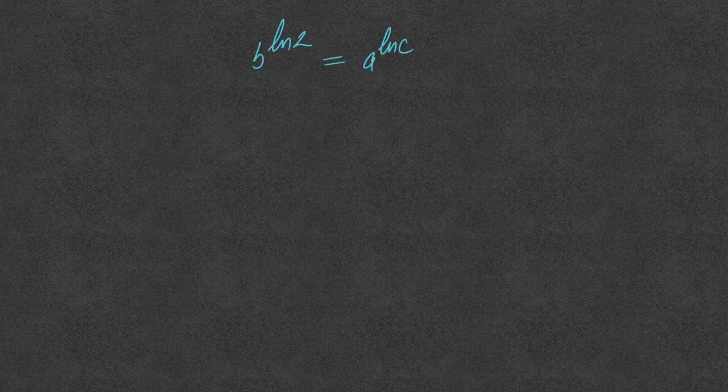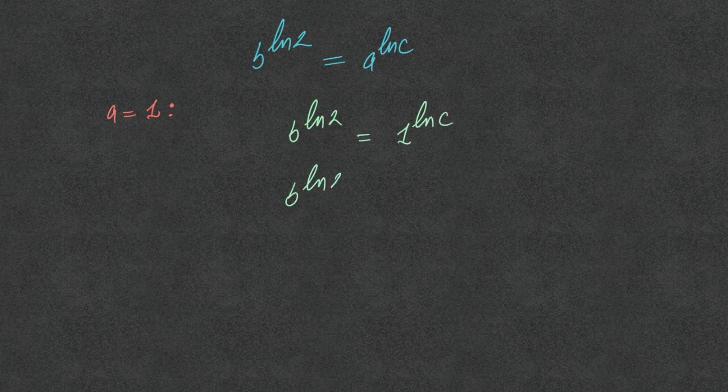Now check the values of a for the second equation. When a is equal to 1, we get b to the power log 2 is equal to 1 to the power log c. So b to the power log 2 becomes 1, and ultimately b is also equal to 1, which is not possible because a, b, c are distinct numbers and here a and b are equal.